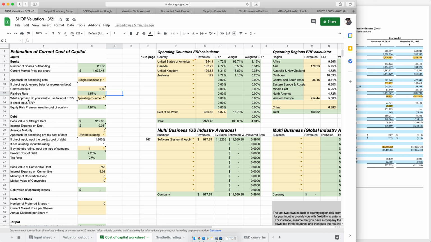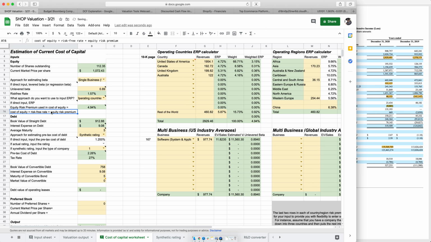And what approach do you want to use to input ERP? ERP stands for Equity Risk Premium. This is the methodology that Professor Damodaran uses to help us calculate our cost of equity. Cost of equity equals your risk-free rate plus your equity risk premium.